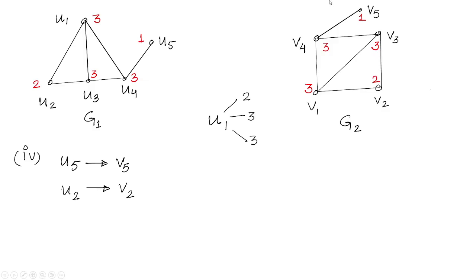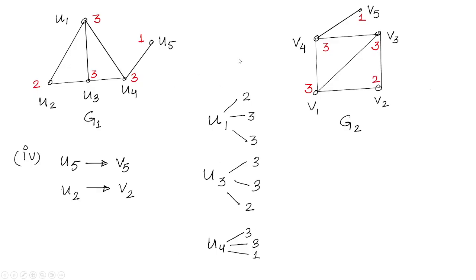So U1, if you look, its adjacent vertices are U2, U3 and U4. So the degrees are 2, 3, 3. We have written it like this. Then U3. It is having the degree of adjacent vertices as 2, 3 and 3. Then comes U4. U4 is having adjacent degrees as 3, 3, 1.